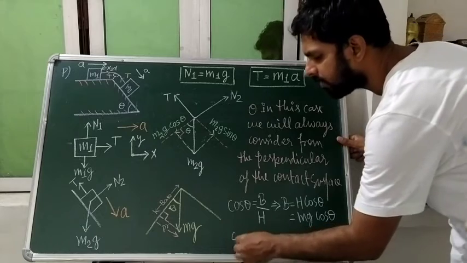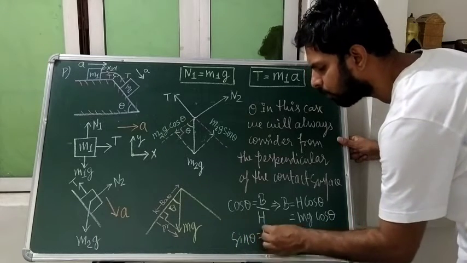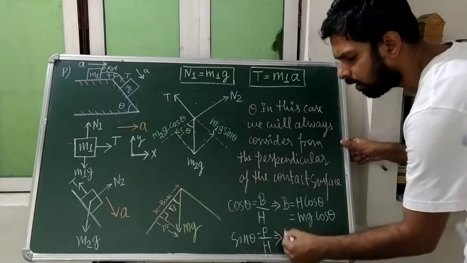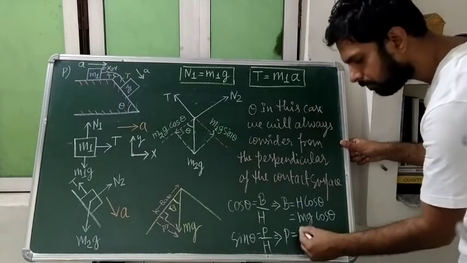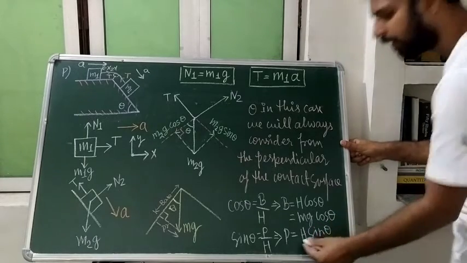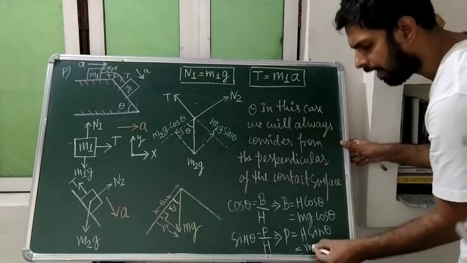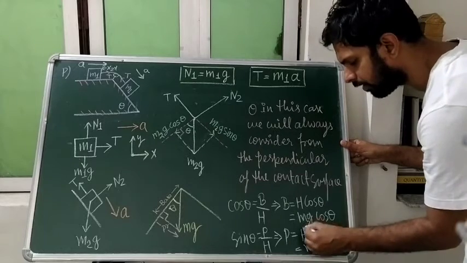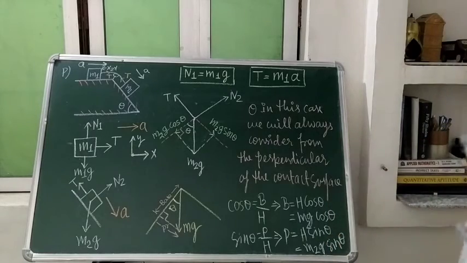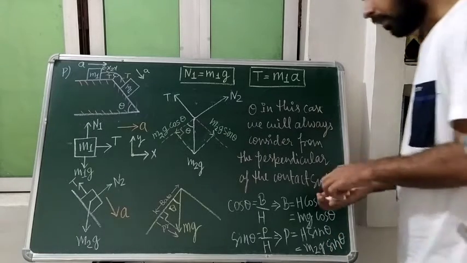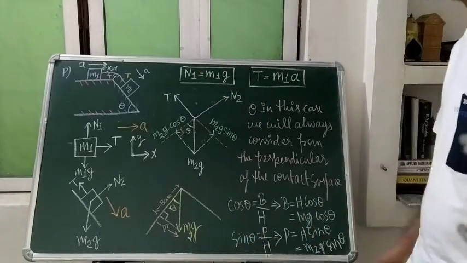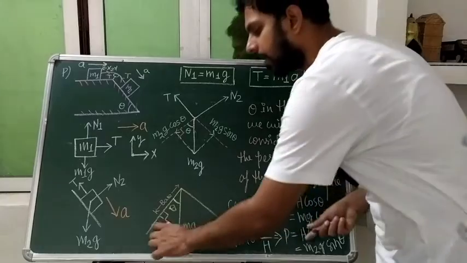And similarly sin theta is perpendicular upon hypotenuse. So perpendicular will be hypotenuse times sin theta. And hypotenuse is m2g. You can write 2 here, m2g sin theta. m2 will also come here. Okay, so m2g sin theta we will get here.